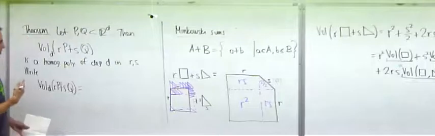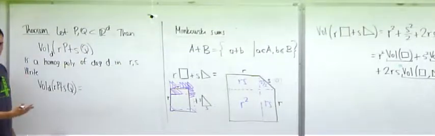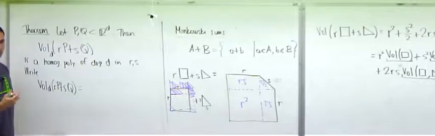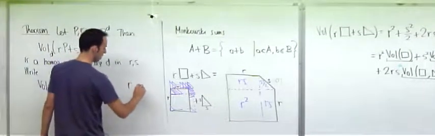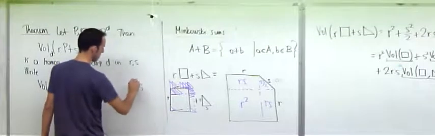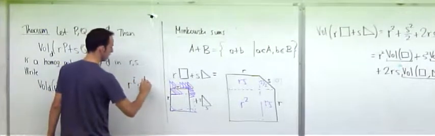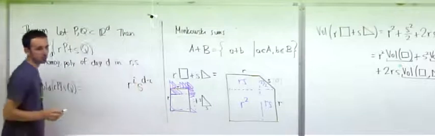I mean, if it's homogeneous of degree D in R and S, you only have two variables. So to make a monomial of degree D, the only thing you can do is have something like R to the I, S to the D minus I, right?